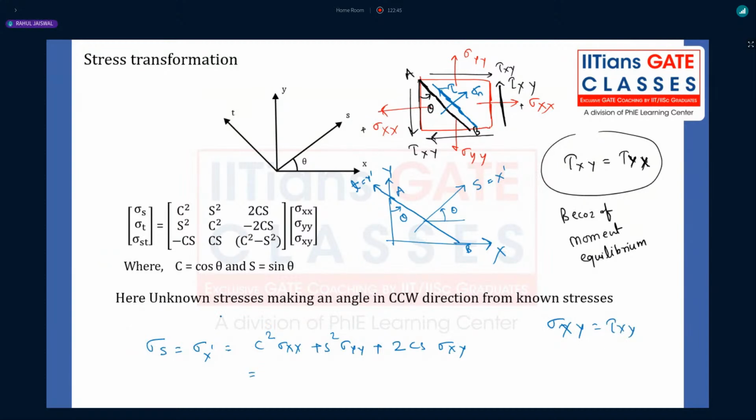Now put in the values: cos square theta sigma xx plus sigma yy sin square theta plus 2 tau xy cos theta sin theta. Further, if you simplify this, what can you write?